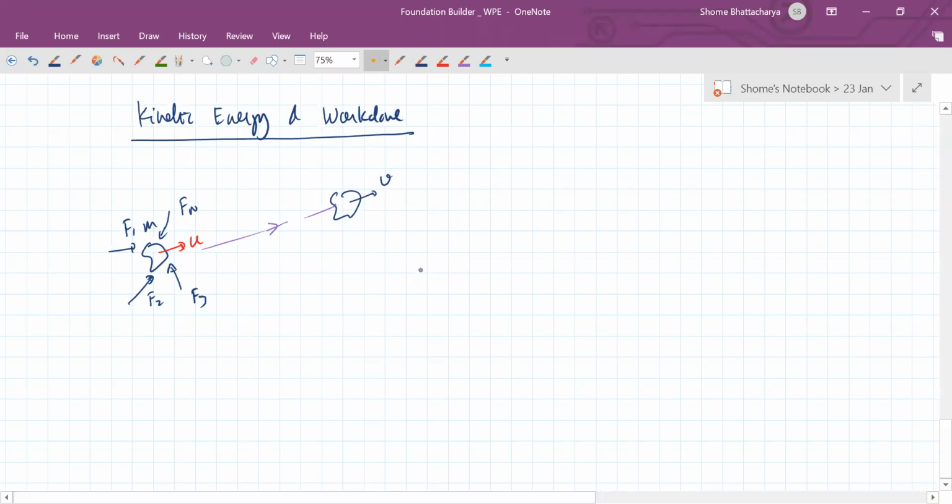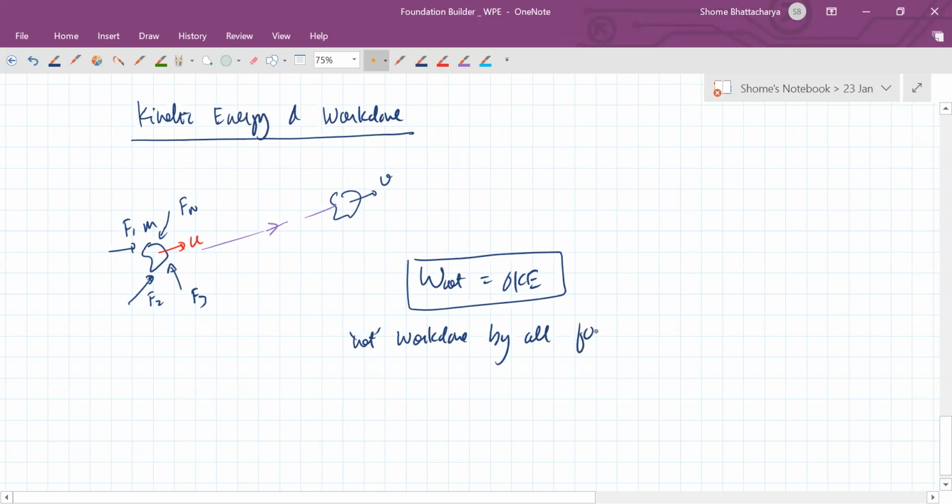Then the net work done by all the forces equals the change in kinetic energy. The net work done by all forces acting on the body equals the change in its kinetic energy.